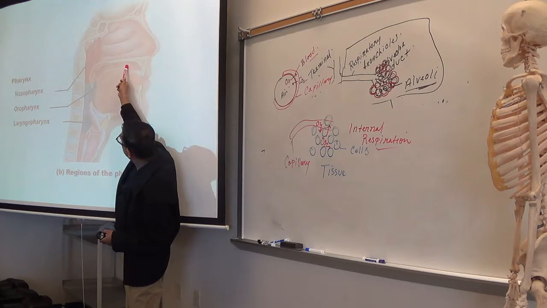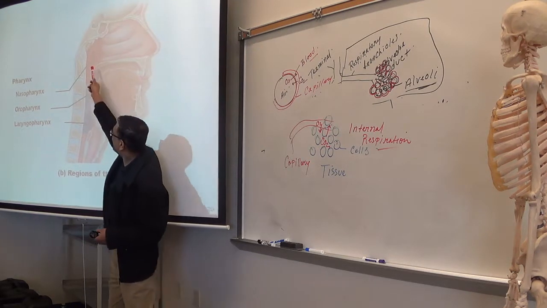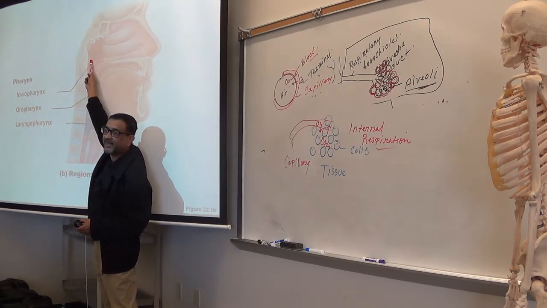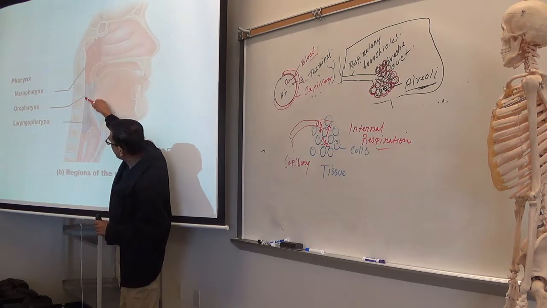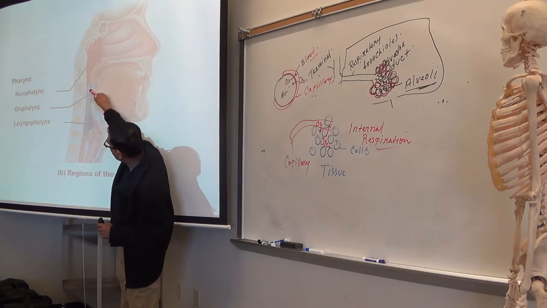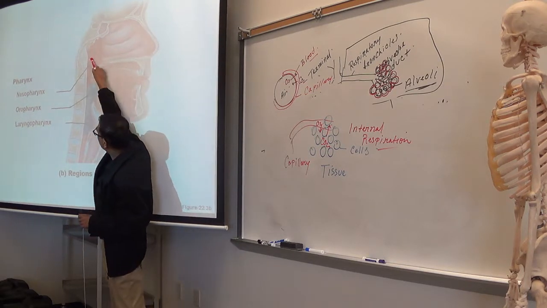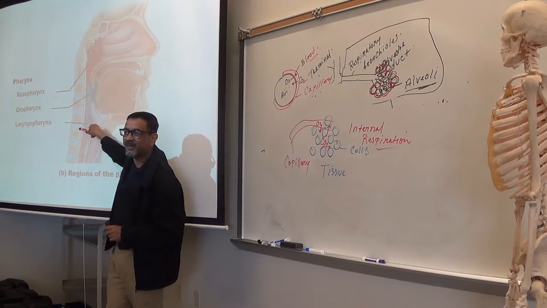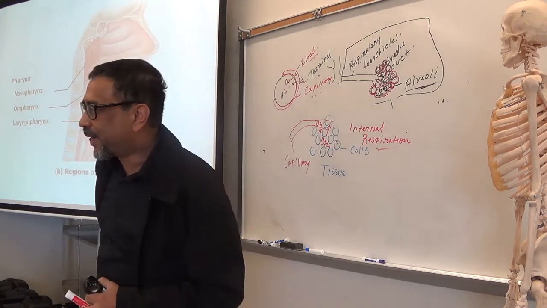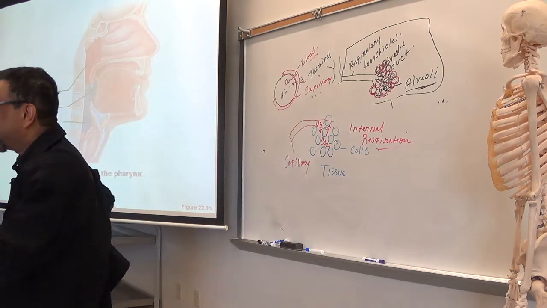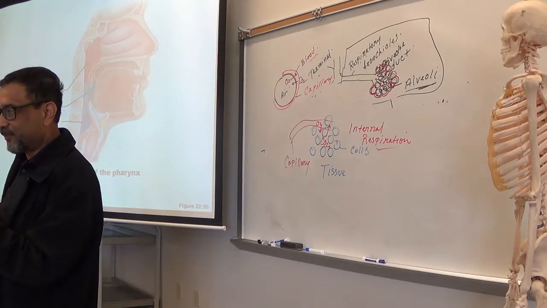You put the food in the mouth and food goes this way, right? So this part is only for what? Air. Is it clear? But the oropharynx and laryngopharynx are for what? Food as well as air. Make sense? So the last two parts, oro and laryngopharynx, are both for food and air. Is it clear? But naso is only for air.